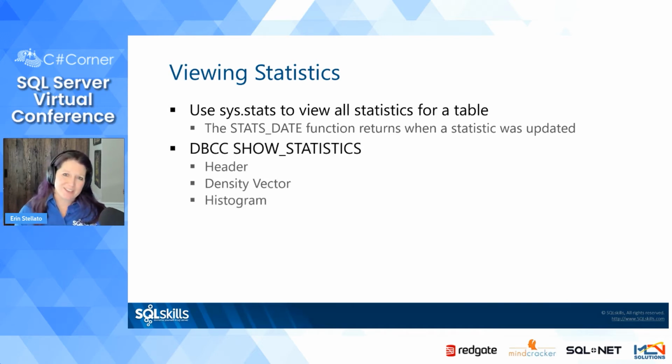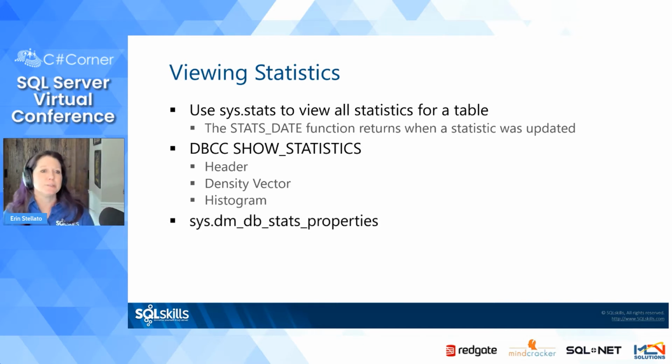And then my favorite thing, honestly, if I ever have to have a favorite DBCC command, it's this one. It's DBCC SHOW_STATISTICS. And this gives us output in three sets. It gives us a header, it gives us a density vector, and then it gives us a histogram. And if you can understand this, and we're going to take a look at it, then it goes a long way to understanding sometimes what the optimizer is doing.